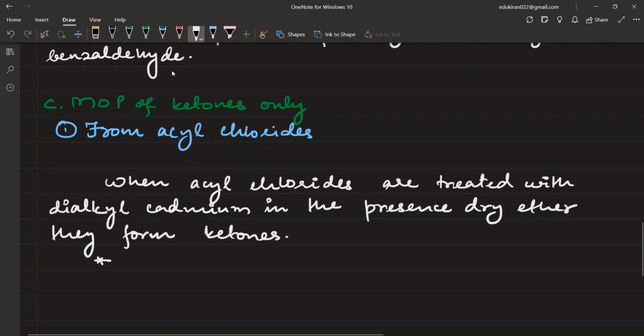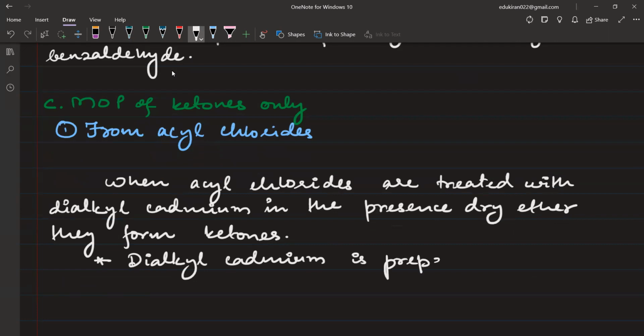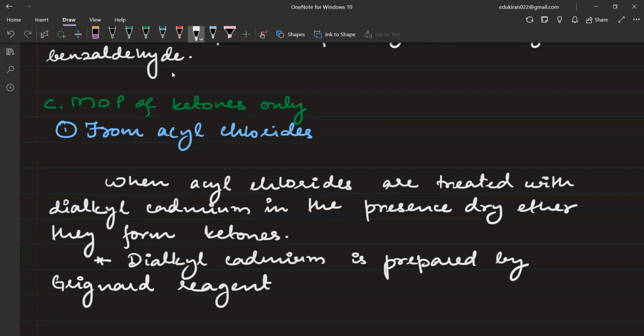Another point: dialkyl cadmium is prepared by Grignard reagent and anhydrous cadmium chloride.